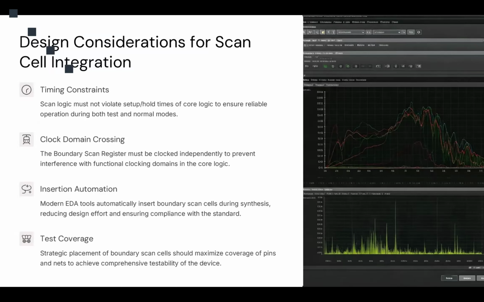When we design, we have to make sure that each scan cell provides access to a unique testable point, so we don't have redundant coverage. This is the test coverage that we're talking about: each scan cell, one individual point of observation.